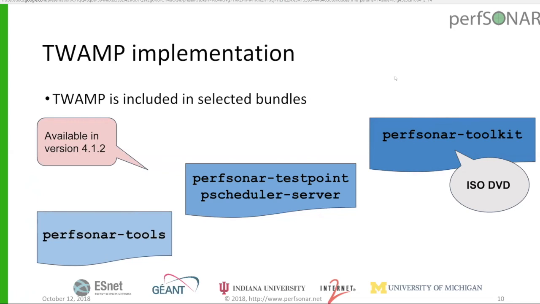This is, let's say, a choice which is best for hosts which are not dedicated measurement hosts, but you just want to use the command line utilities for some kind of troubleshooting. So this is what is available currently. The latest version of perfSONAR is 4.1.2. And you can already use it there.